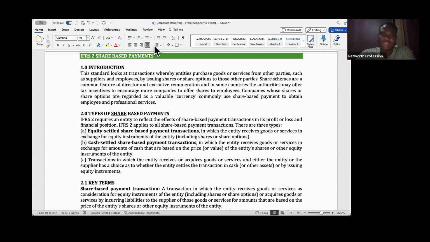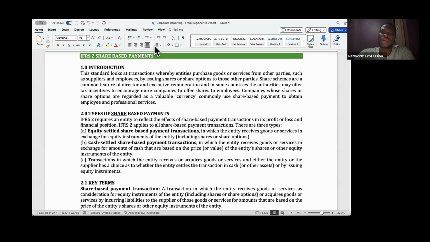Shares make the counterparty or the receiver of those shares a shareholder immediately, or share option gives the counterparty a right to buy the shares of the entity at a specified price at a specified future date. Then for cash settled, the entity gives cash in return for the goods they have received. And this cash value will be based on the share price of the entity.